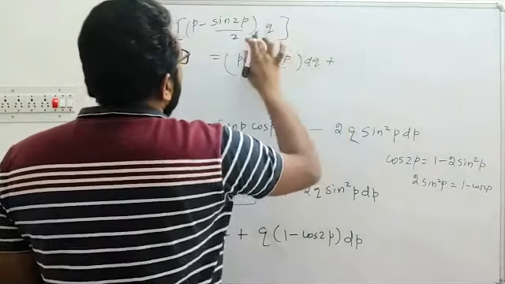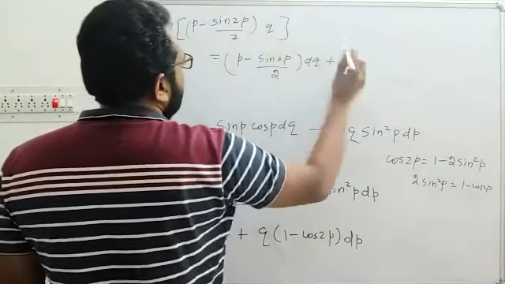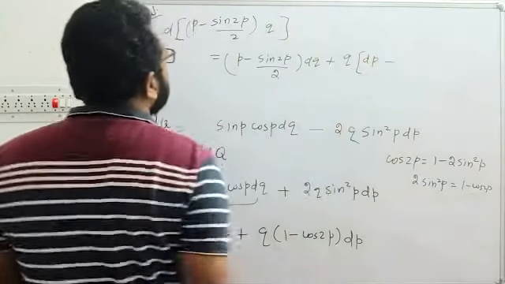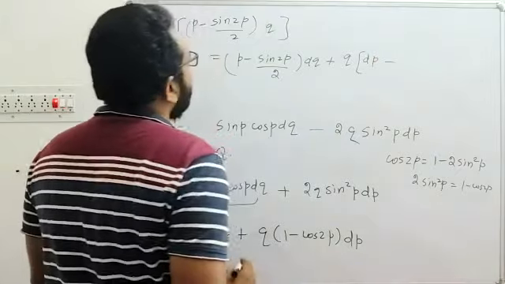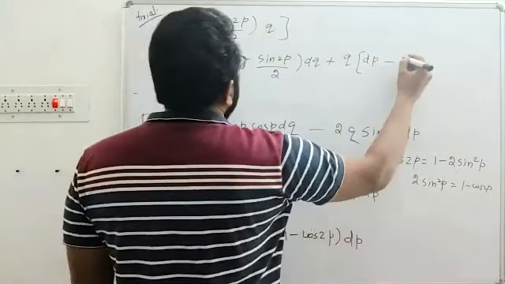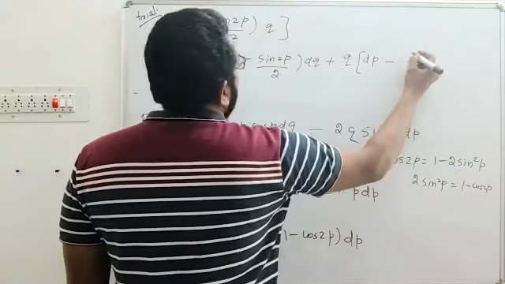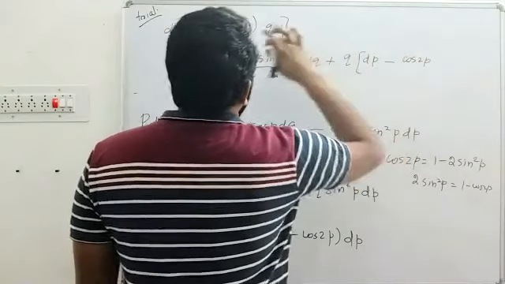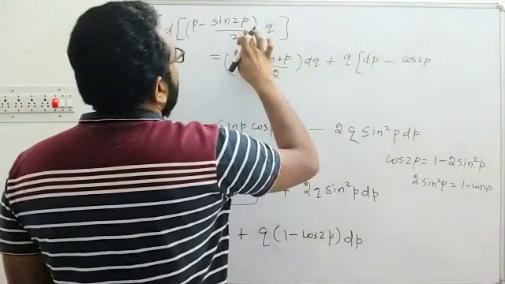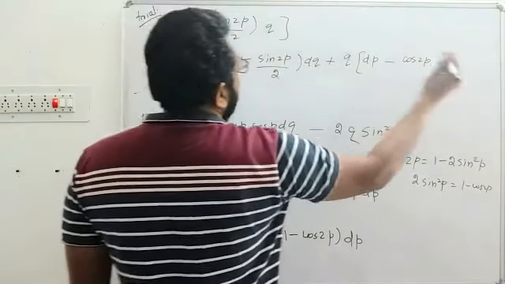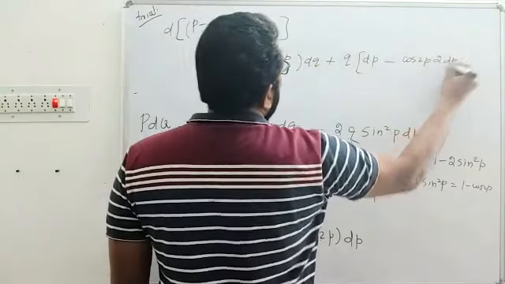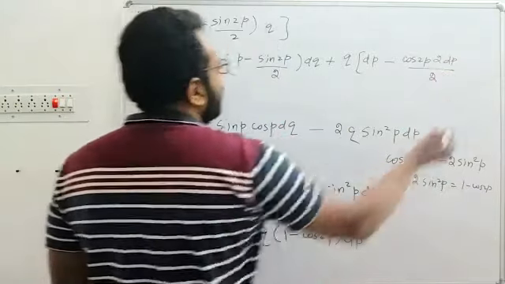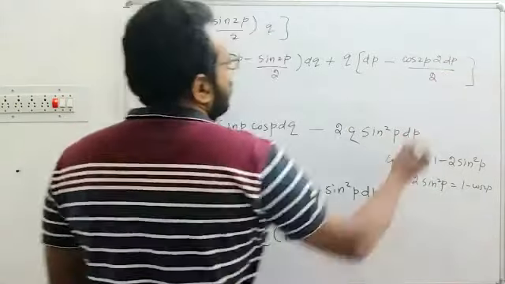Plus, what's the second term? You need to take the derivative of this, right? q multiplied by dp minus sine 2p derivative, which is cos 2p dp, the 2s cancel.